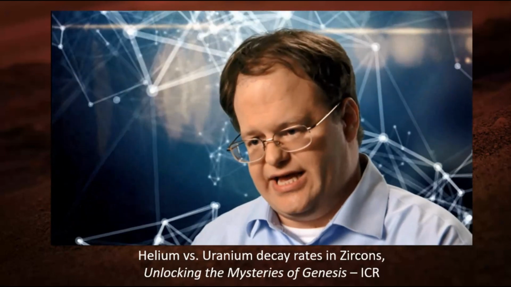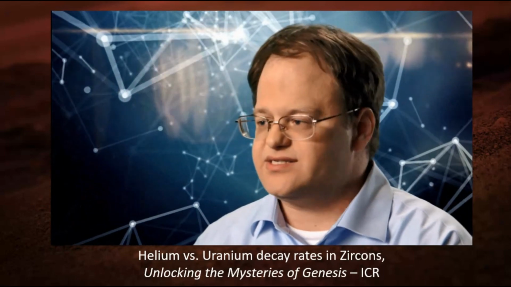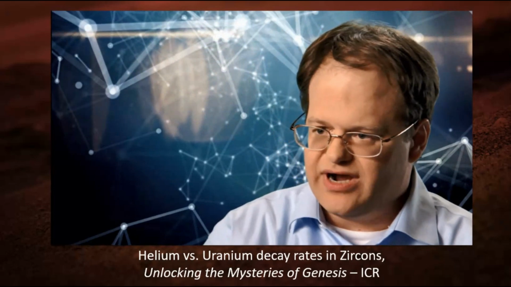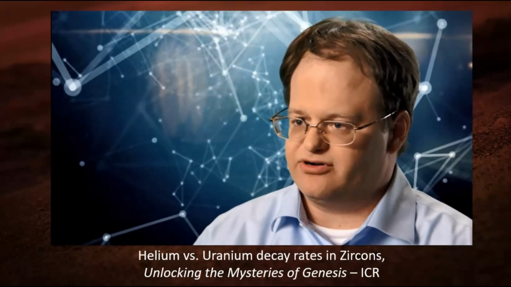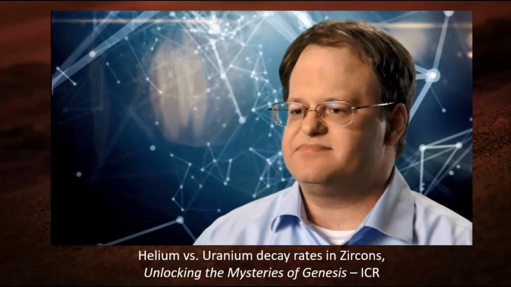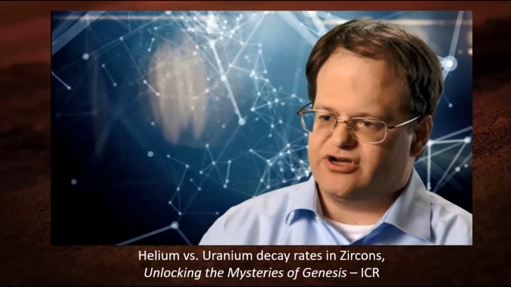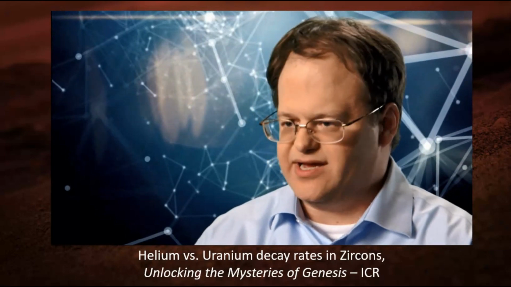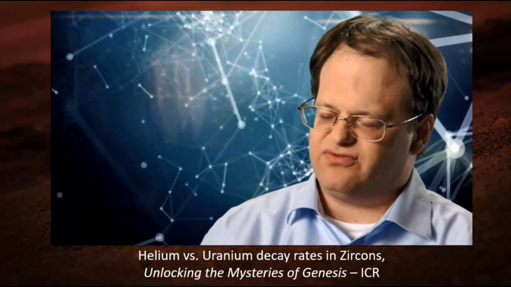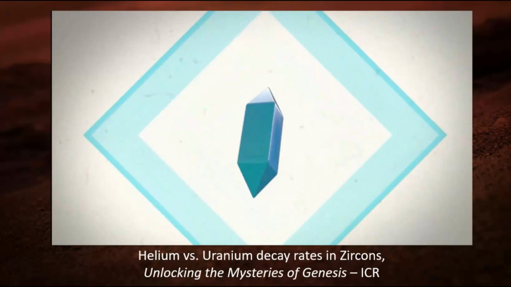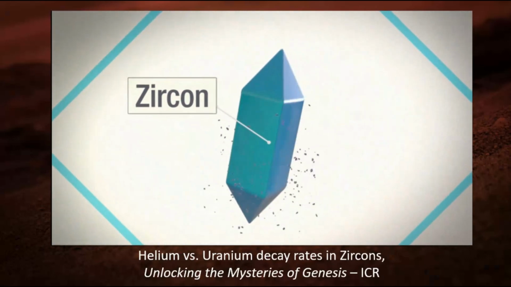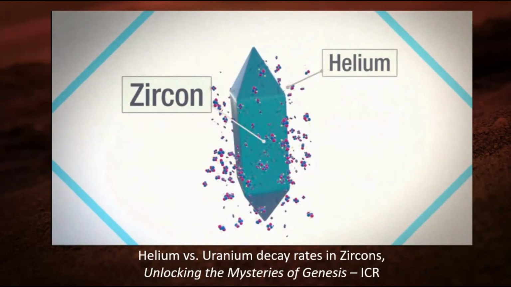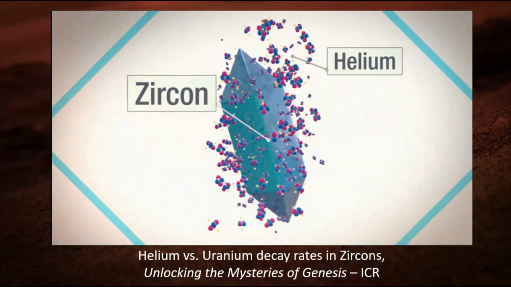But there's another decay product that occurs in this process, and that's helium. When the uranium turns into lead, you have helium nuclei being produced, basically helium atoms minus the electrons. And so along the way, they're going to pick up a couple of electrons, and they will become full-blown helium atoms. Well, these helium atoms don't react very well with other substances, and it's very easy for them to leak out of the zircons.